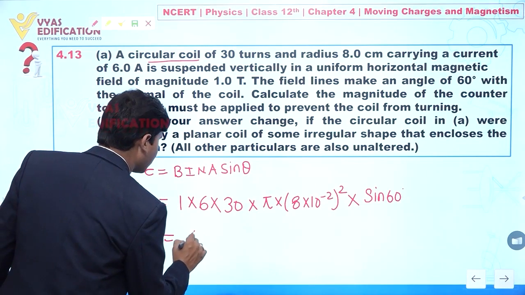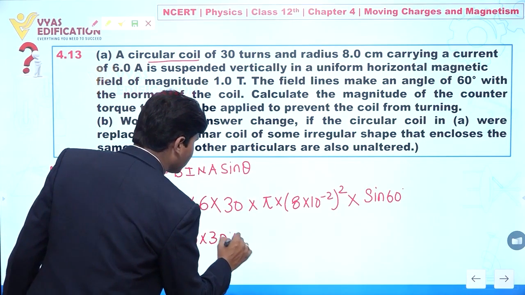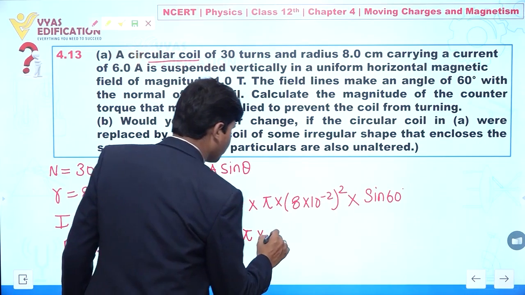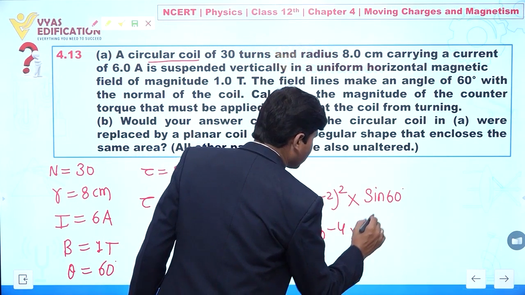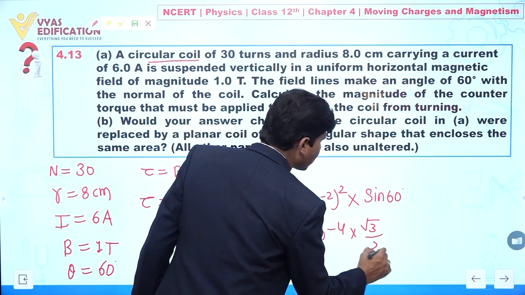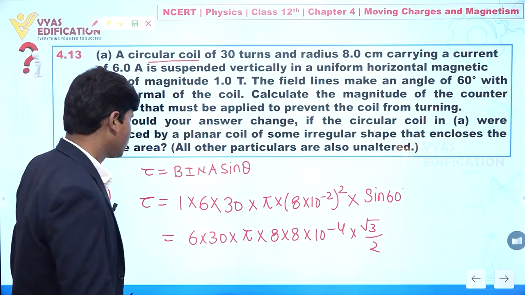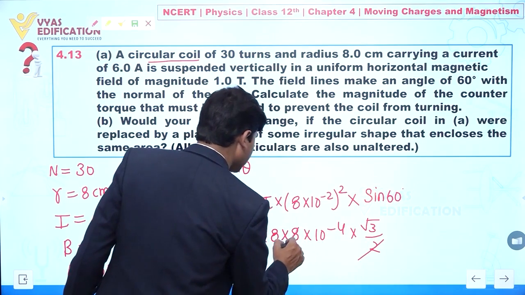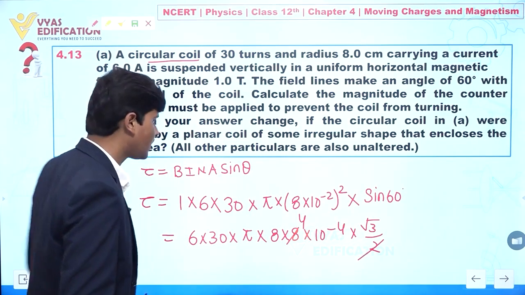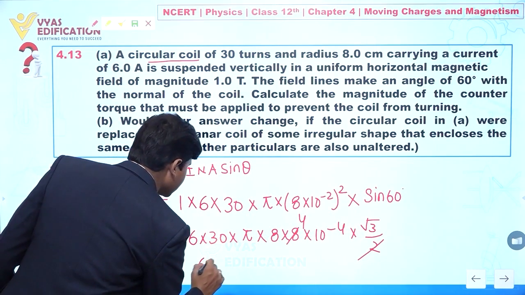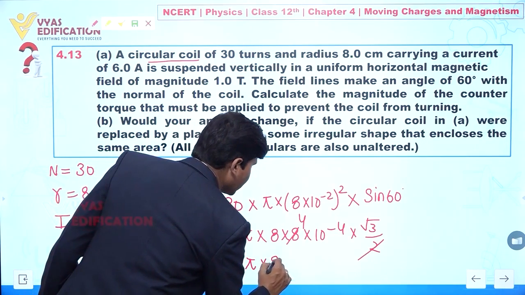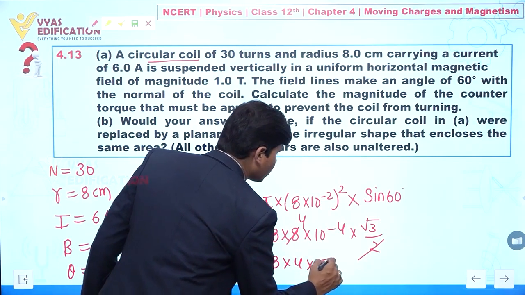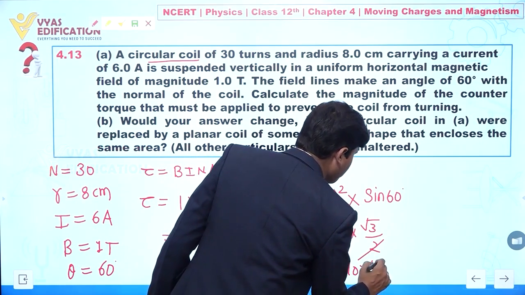So this is equal to 6 into 30 into pi into 8 into 8 into 10 to the power minus 4 into root 3 by 2. The value is 4. First we simplify everything: 6 into 30 into pi into 8 into 4 into root 3 into 10 to the power minus 4.